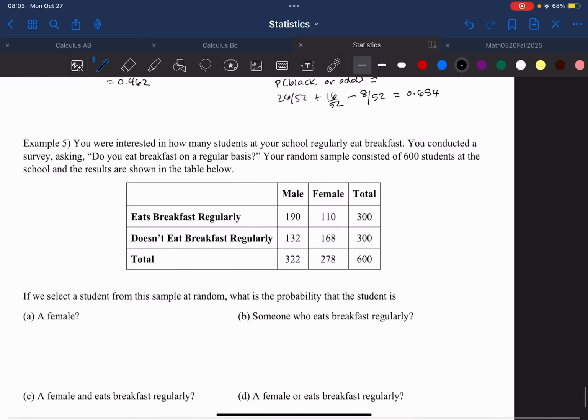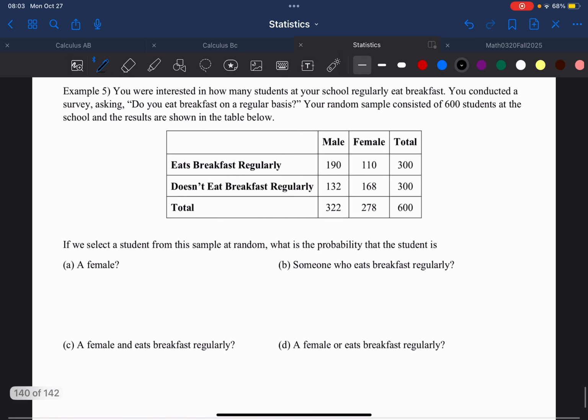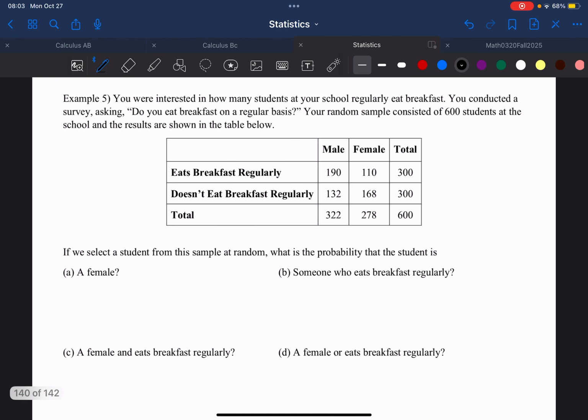Okay, last example. It says you were interested in how many students at your school regularly eat breakfast. You conduct a survey asking, do you eat breakfast on a regular basis? Your random sample consists of 600 students at the school, and the results are shown below. If we select a student from this sample at random, what is the probability that a student is female?